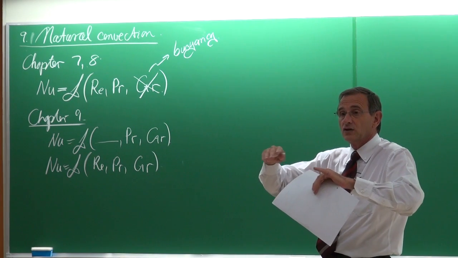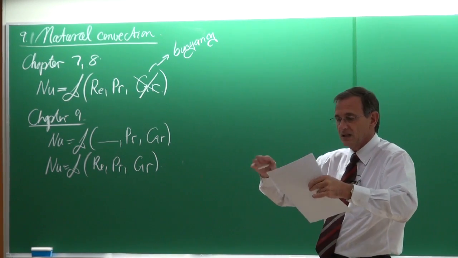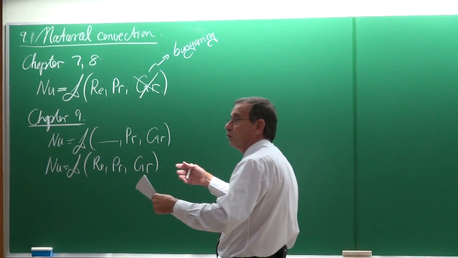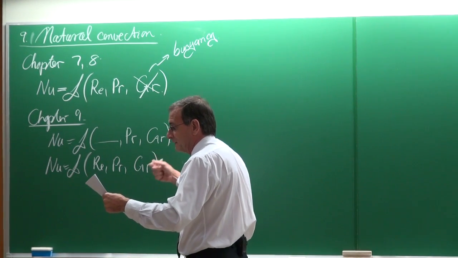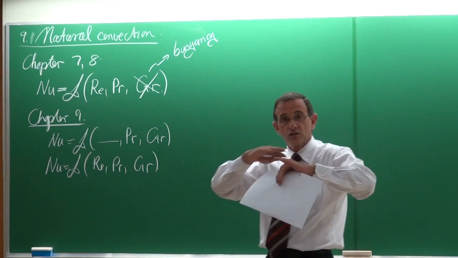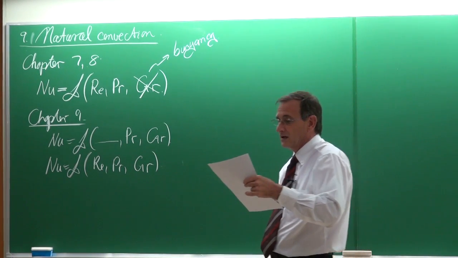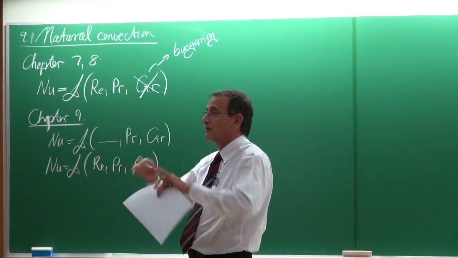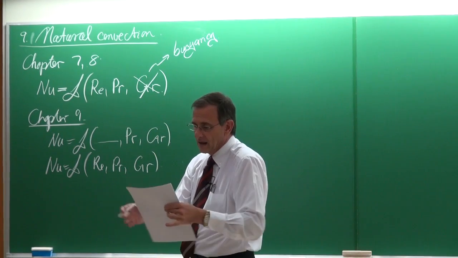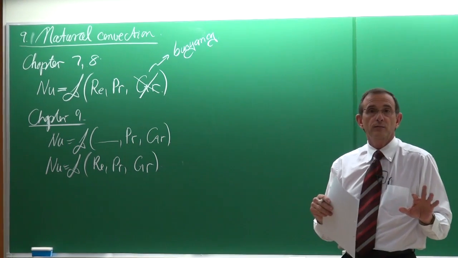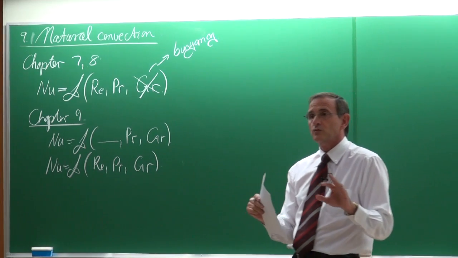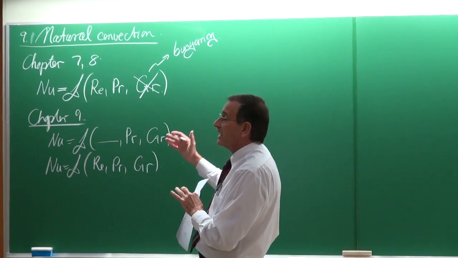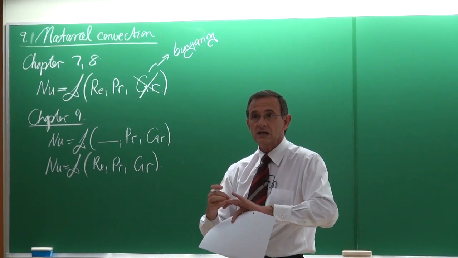Then we're going to make the surfaces more complex: paragraph 9.4, fin surfaces, so a surface with fins on, then paragraph 9.5, inside an enclosure, and lastly paragraph 9.6, where we have problems with forced convection and natural convection altogether.